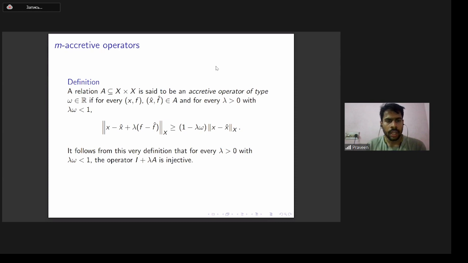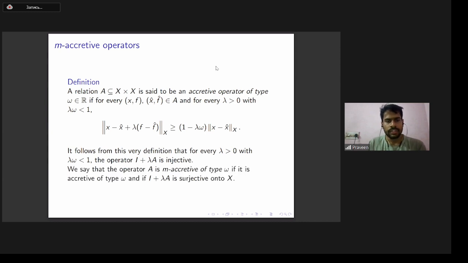If this operator A is an accretive operator of some type, then for every lambda positive such that lambda omega is less than 1, the operator I plus lambda A is injective.